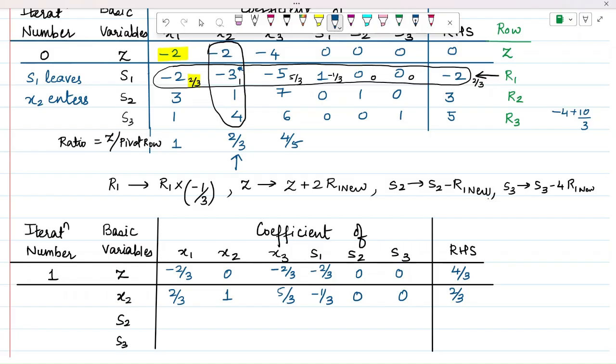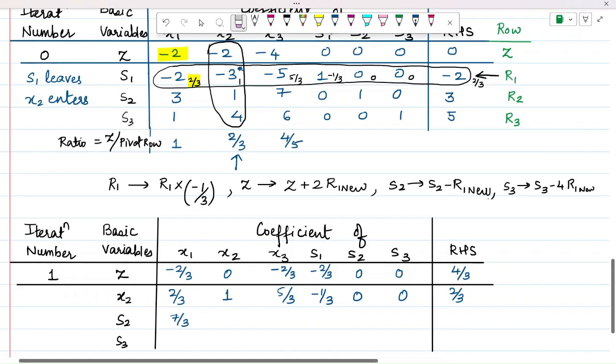Okay. Moving to the S2 row. S2 row becomes S2 minus R1 new. So let me do the calculations again here. S2 has a 3 minus, again the same value, that's 2 by 3. That's going to give me a 7 by 3. You can of course use your calculators. Okay.